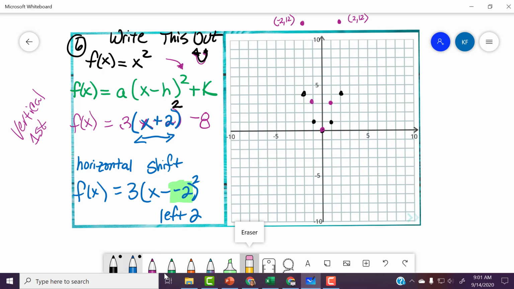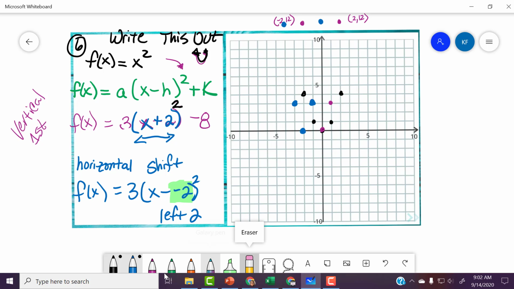Oops. So it's a good idea to be using colored pencil or highlighters or something, but if you're not, make sure that you're keeping track of everything.